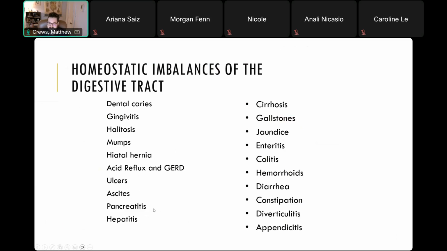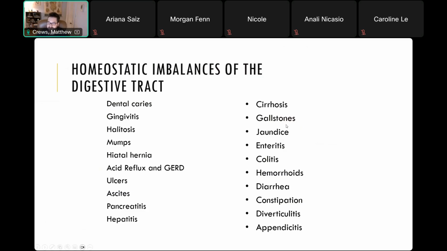Pancreatitis is an inflammatory pancreas. Hepatitis is an inflammatory liver, and that can be caused by viruses or drinking. Cirrhosis is an end stage fibrosis of the liver, and it's basically like ulcers in the liver. That's also bad. You will not survive that.